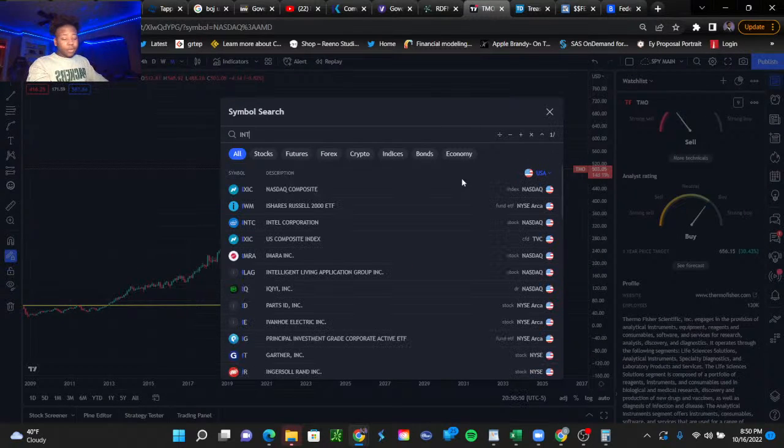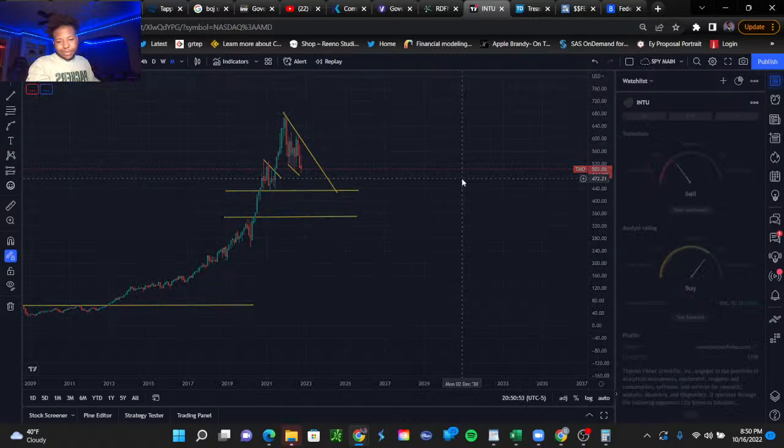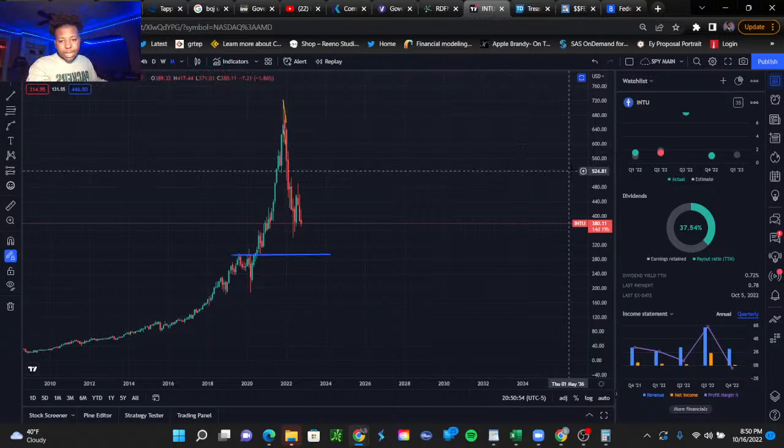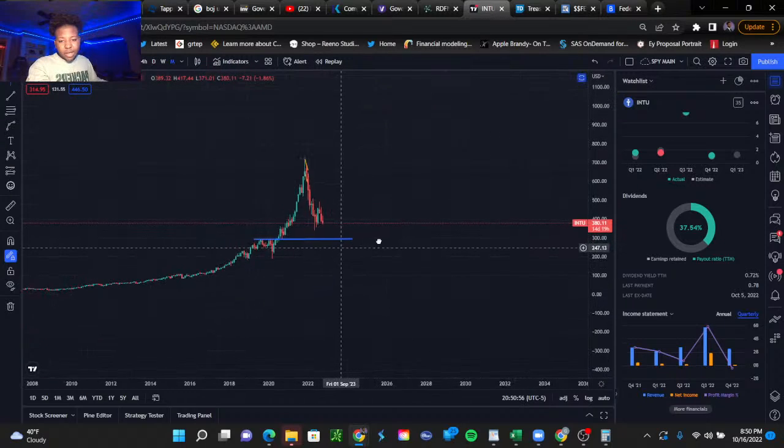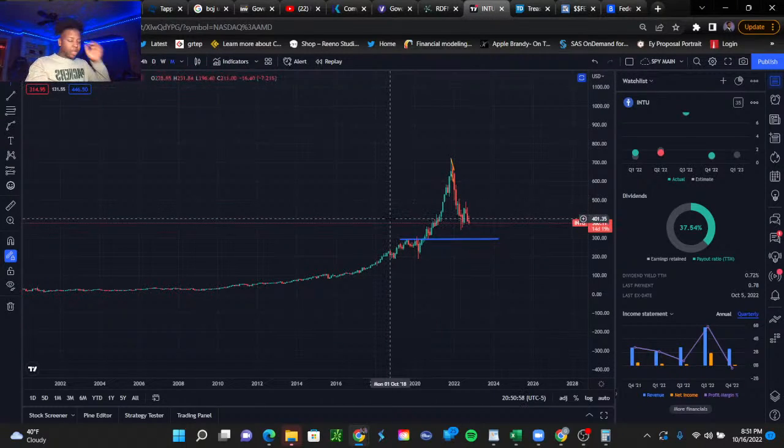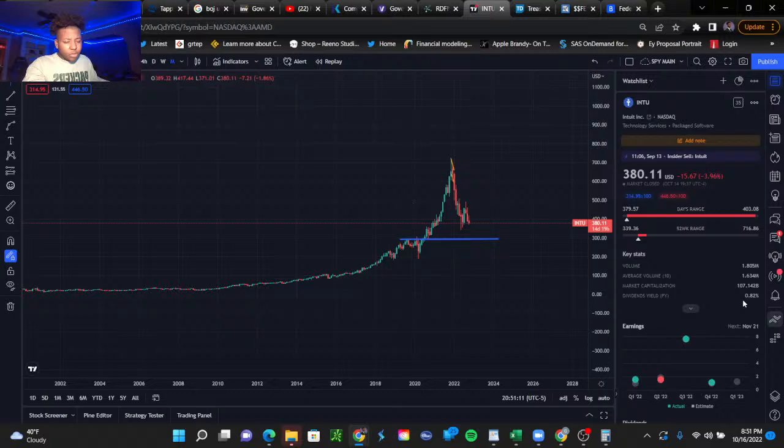Another one is Intuit. I'm not sure how to pronounce it. Intuit. TurboTax. They bought Mailchimp, email marketing, the biggest email marketing platform. So again, at a certain price, you get roughly a 0.8% dividend.